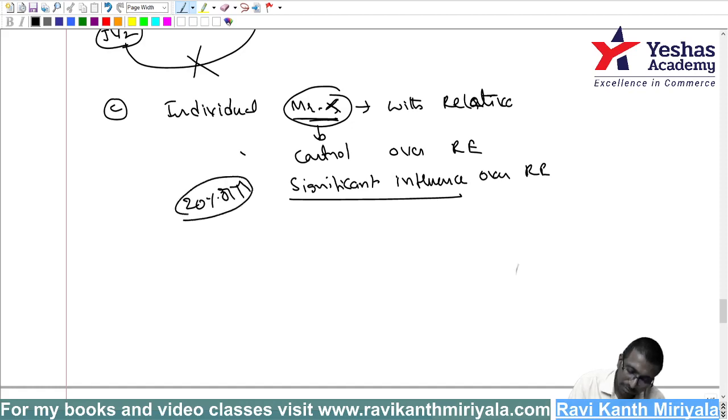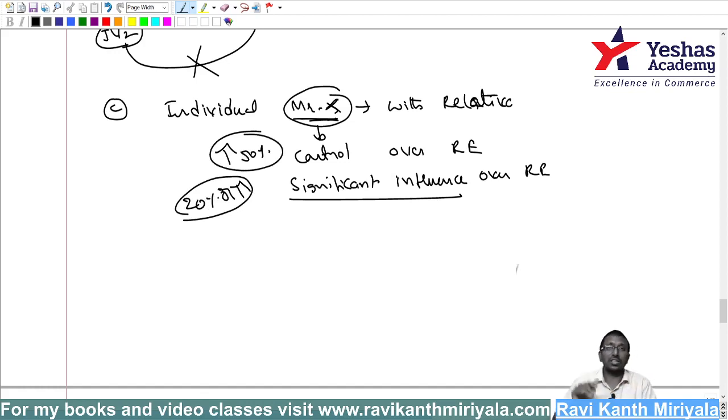Here, above 50%. If Mr. X has a 51% stake in the reporting entity, then Mr. X is a related party to our entity.